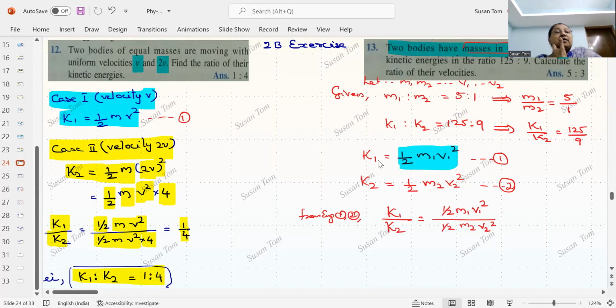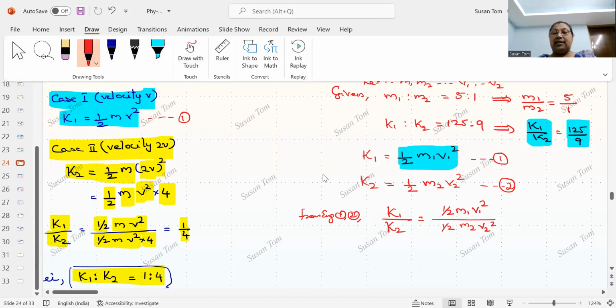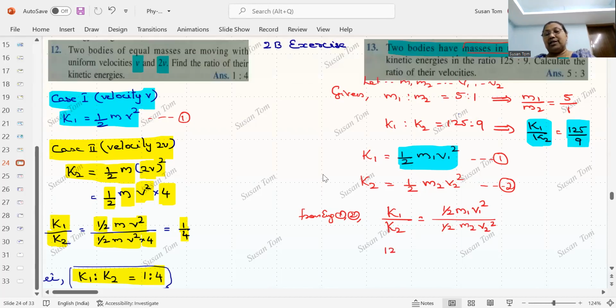Okay, now in the question you see, children, the k1 by k2 is given as 125 by 9. So we can substitute k1 by k2 is equal to 125 by 9.